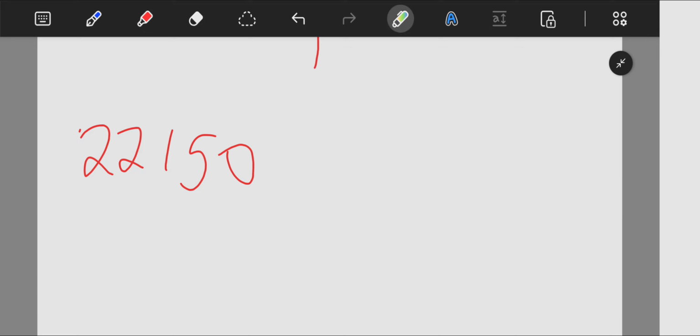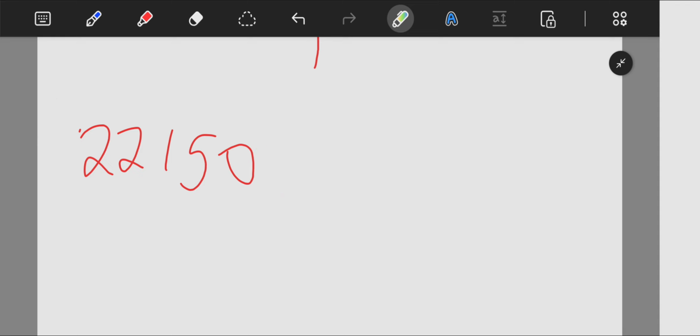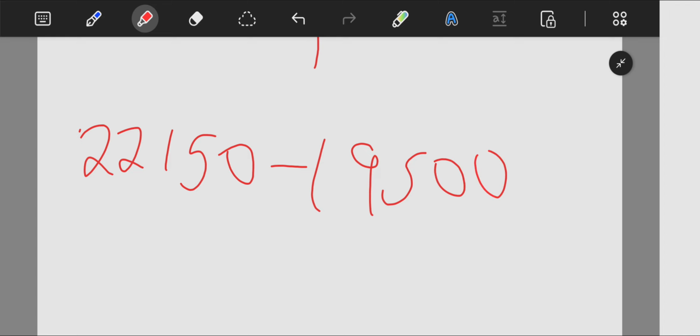So what we are saying we have lost is not actually what we have lost, because there is some stock which is in there. So we have to minus the 19,500 that has been returned.